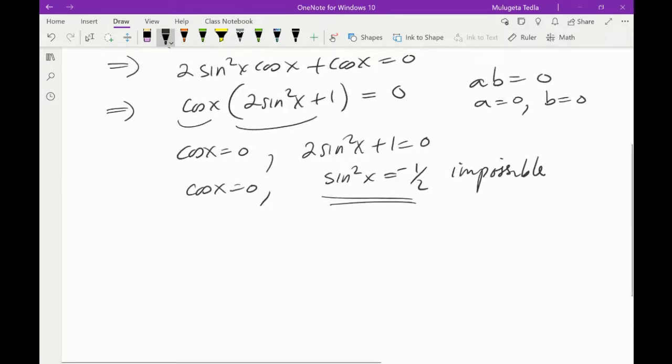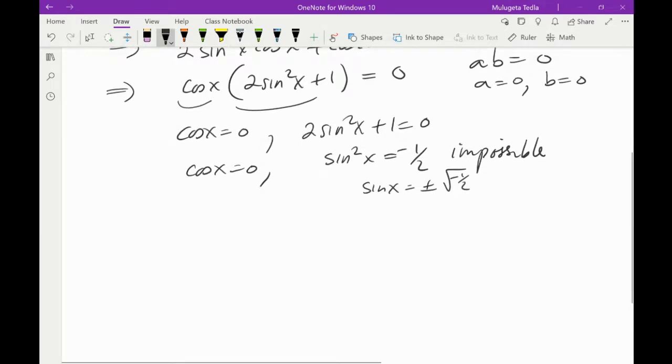Then sine of x would equal plus or minus the square root of negative 1/2, which is undefined. So it's impossible, and the only solution we're going to get is from cos x equal to 0.